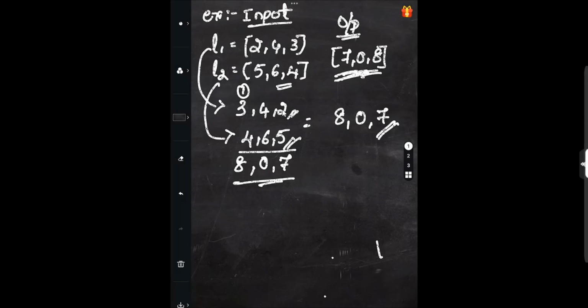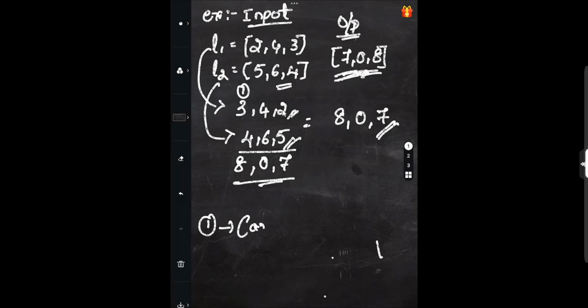So let's see this step by step according to the approach that we have discussed. Initially, we have to start with a dummy node to build the result list, and initialize carry to 0. First step is initialization. We are creating a dummy node to build the result list.